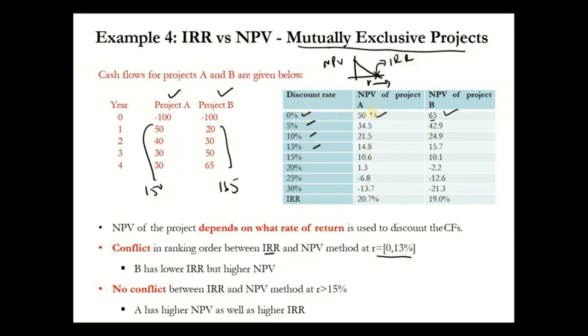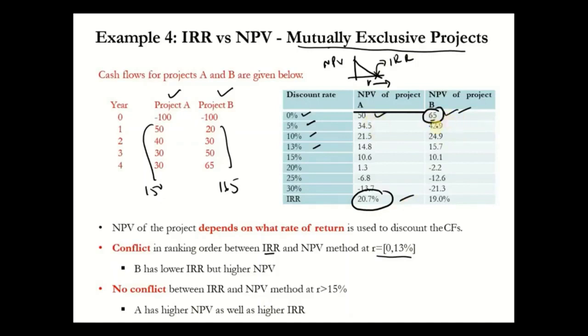Okay, so based on NPV, if you see which project is giving you highest NPV, you will say, hey, it's project B, because it has the highest NPV than A, and based on IRR you are accepting project A, right? So you see there is a conflict. Based on NPV you are accepting B, while based on IRR you are accepting project A.